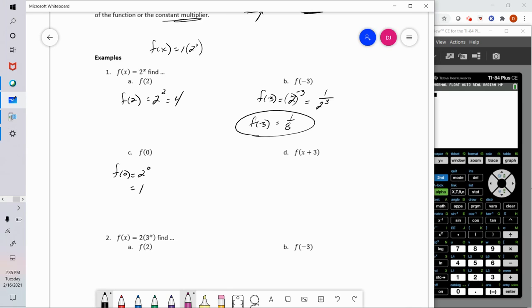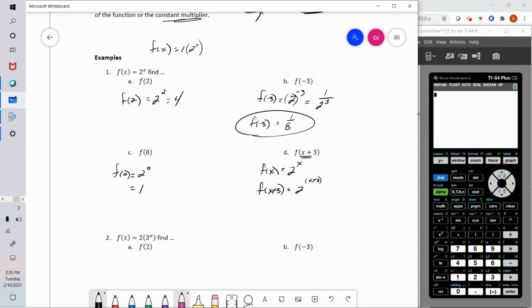Now, 1D is a little bit tricky, right? Because we're going to do f of x equals 2 to the x, but we're going to replace the x with x plus 3. And the parentheses there are important. They're helpful, okay? I suppose I shouldn't say that they're imperative, but they are super helpful, okay?